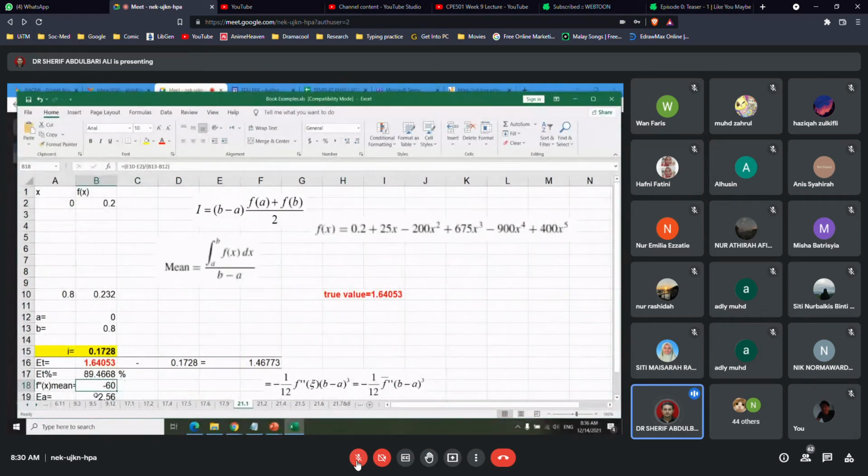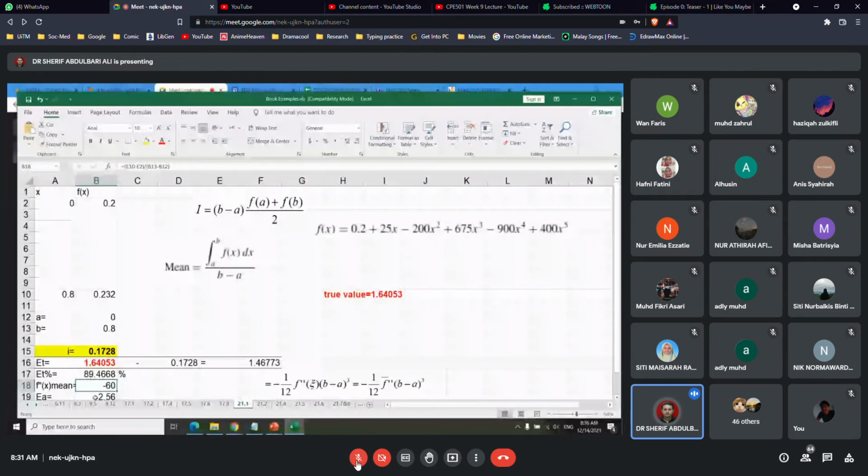Okay, so now you get the answer that the mean of the second derivative is equal to negative 60. So now you can use these equations in here to compile all the numbers. So the approximate error will be equal to negative 1 over 12 times negative 60 times (0.8 minus 0) cubed. So you get the answer of 2.56.